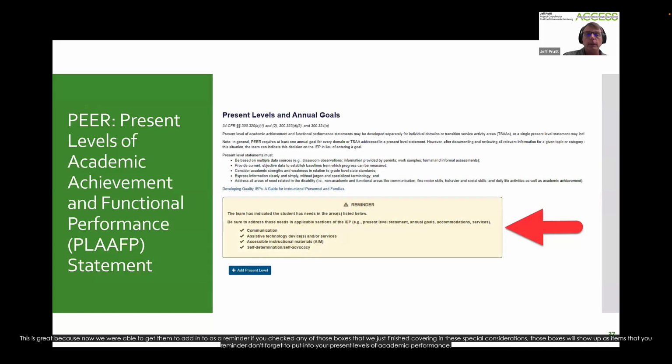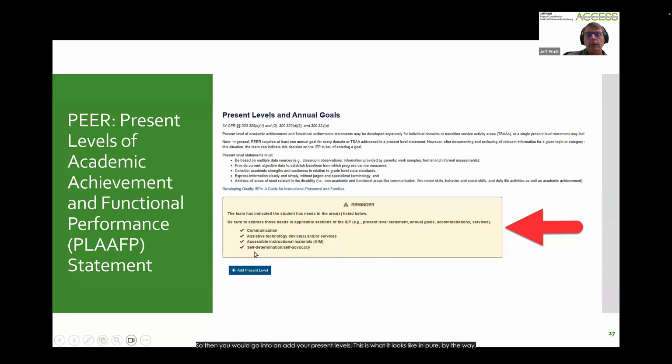Present levels. This is great because now we were able to get them to add, as a reminder, if you checked any of those boxes that we just finished covering in these special considerations, those boxes will show up as items that you, reminder, don't forget to put into your present levels of academic performance. So then you would go in and add your present levels. This is what it looks like in PEER, by the way.